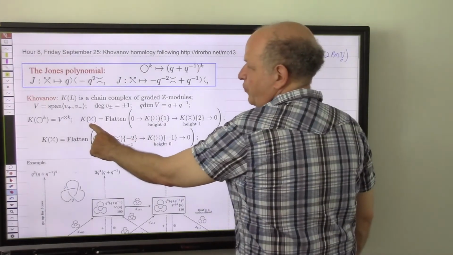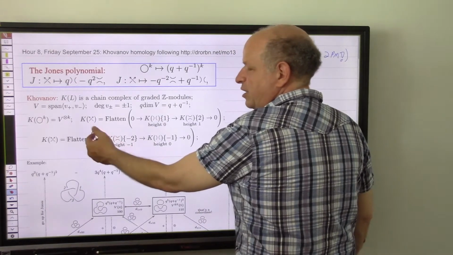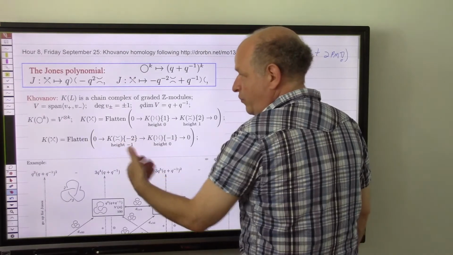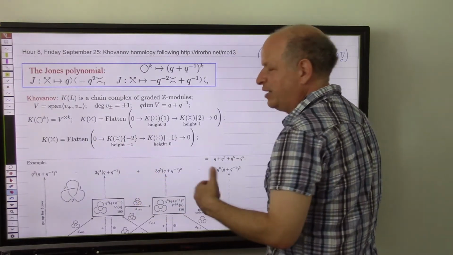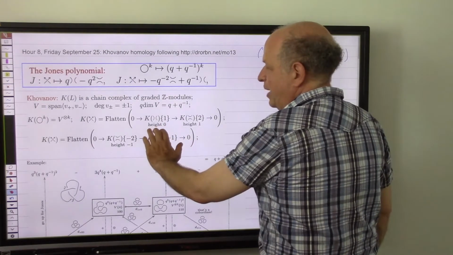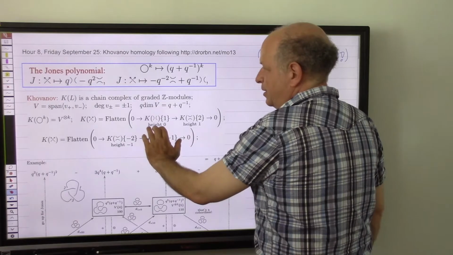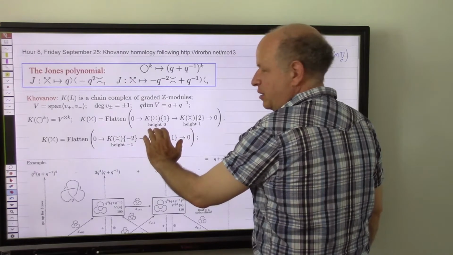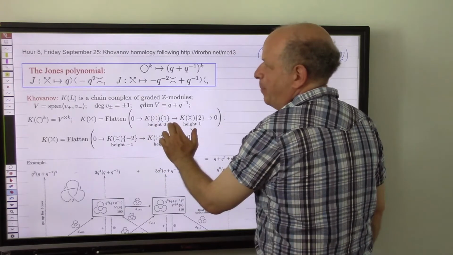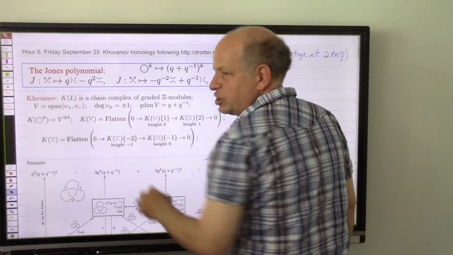So if you have an overcrossing, then the Khovanov complex of it is defined as follows. You look at the Khovanov complex of the zero smoothing. You shift it up by 1. This shift up by 1 corresponds to this q.